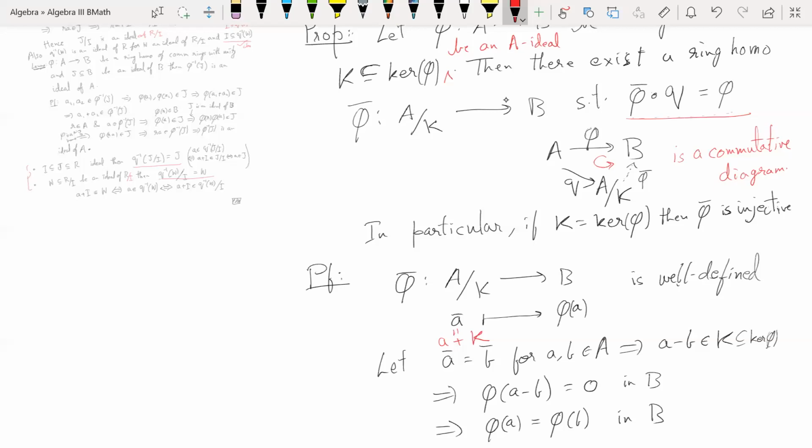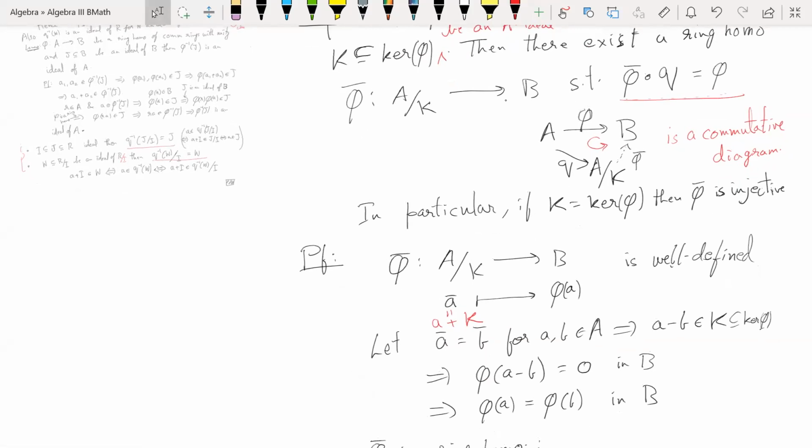That tells us that phi of A minus B is 0 in the ring B, and that tells you that phi of A equals phi of B in B. Hence phi bar is well defined.